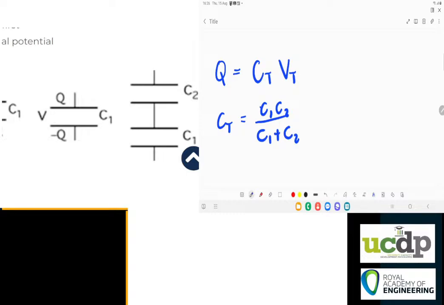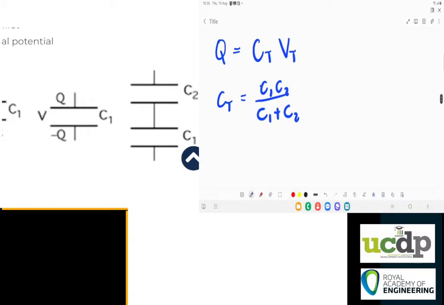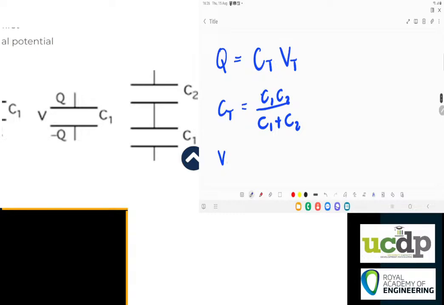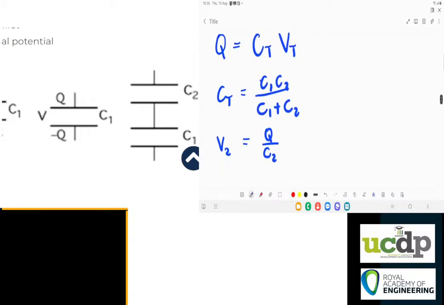That's our total capacitance. And then we want to find V2, which should be equal to Q charge over C2. Do you see some clue there? V2 is the charge stored in C2 over the capacitance of C2, right?